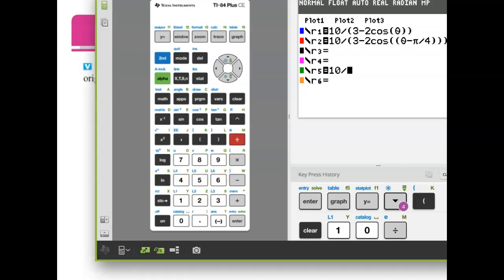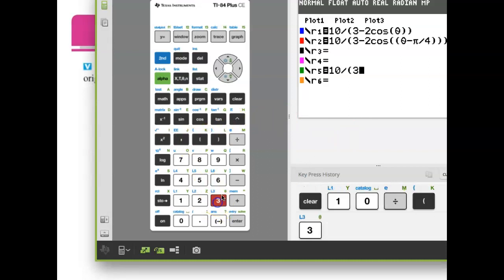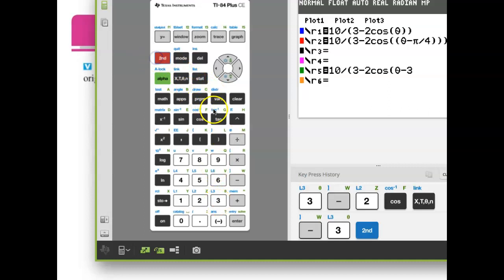Here you go. 10 divided by 3 minus 2 cosine. Let's go even crazier. Let's do 3 pi over 2. I'm glad administration is not observing me right now. They would be like, inappropriate, Tolar. Kids are not prepared for that.